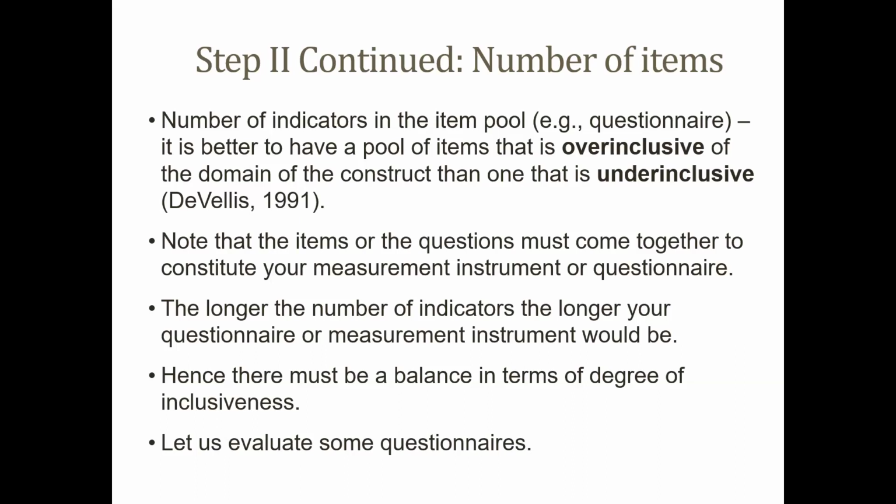You may go to a context where every lady has fair skin. So who is beautiful? It becomes a problem. So again, the number of items you will use to measure a construct is critically contingent on how you define the construct, its domain, and its characteristics.